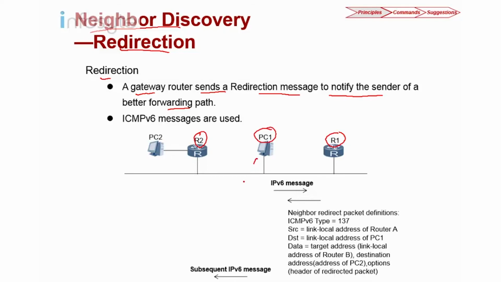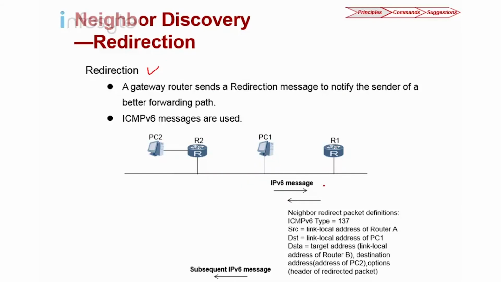Now PC1 wants to go to PC2, but PC1 points to R1 as a default gateway. Okay, so naturally, when PC1 wants to go to PC2, it's going to send the message to R1, then R1 is going to send to R2, and then from R2 send to PC2. Now this is not really efficient. Now one of the ways for us to solve this is using the redirection.